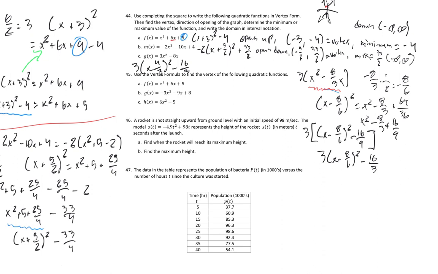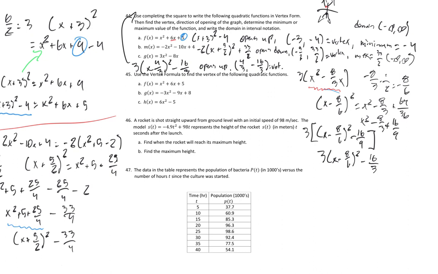Okay, this one opens up, right? Because we have positive 3. And what's the vertex? Well, remember x minus negative, so it's minus 4 over 3. And then minus 16 over 3 on the outside, so that's our y-coordinate. So then our maximum value, I'll just write it out up here.